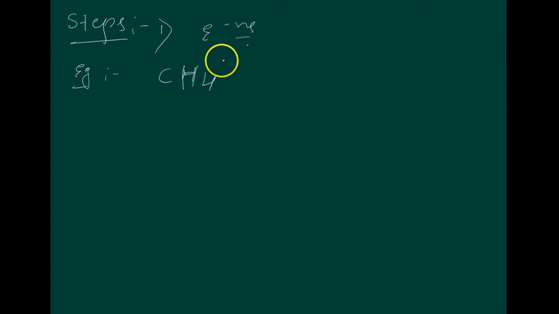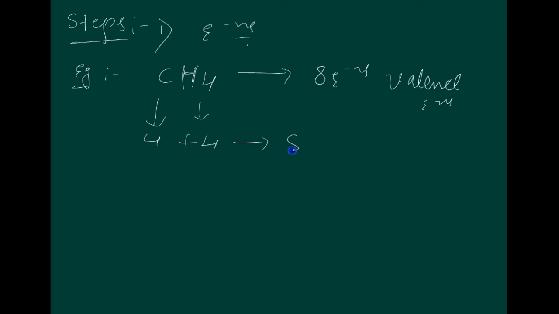In a CH4 molecule, there are 8 valence electrons available for bonding, that is 4 from the carbon and 4 from the hydrogens, which makes 8 electrons.